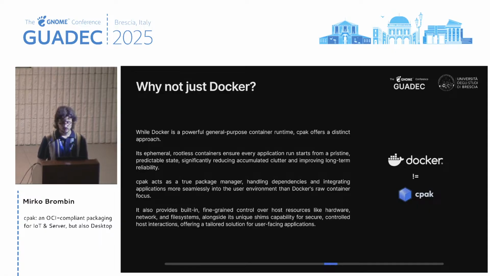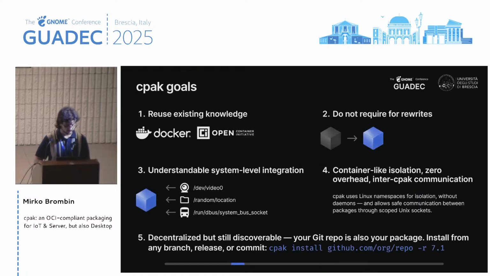For example, I can imagine an embedded device that requires access to a specific webcam. We can just say in the manifest, like in Flatpak, that I need this permission, and cpak will just mount that device inside the container to make it accessible.